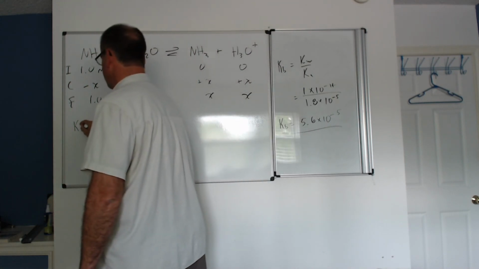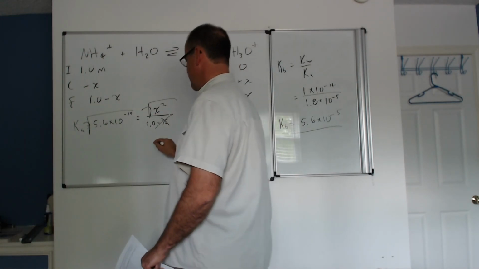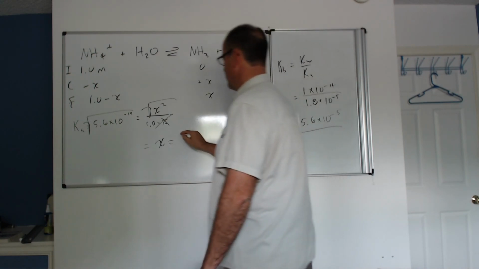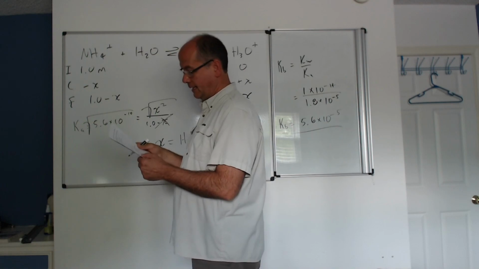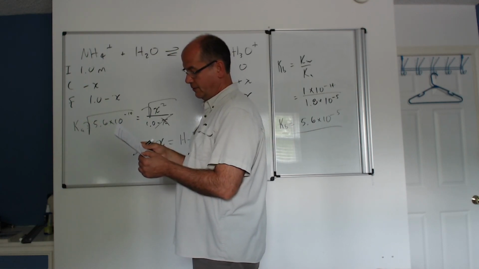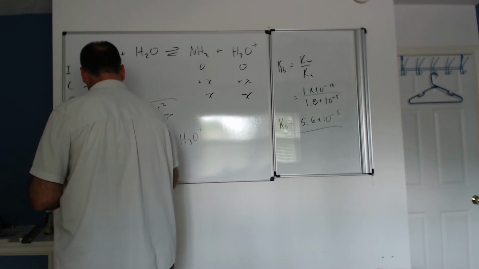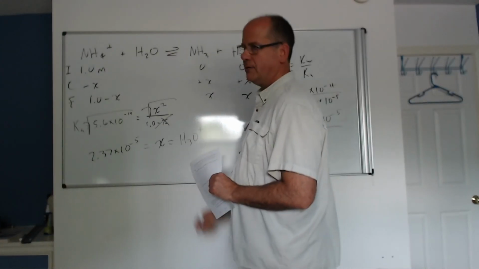So just take the square root of both sides. Of course, the square root of X squared is just X. And remember that X is your hydronium. And so take the square root of that, and you get 2.37 times 10 to the minus 5. And so that's your hydronium.